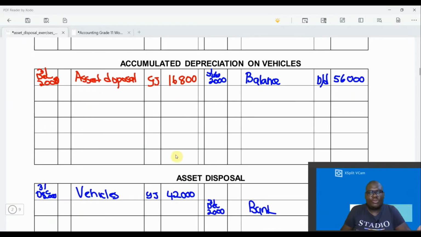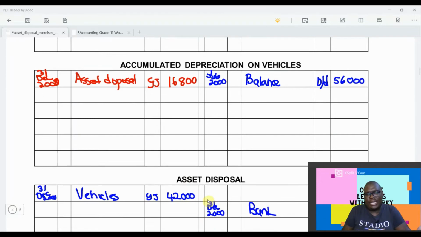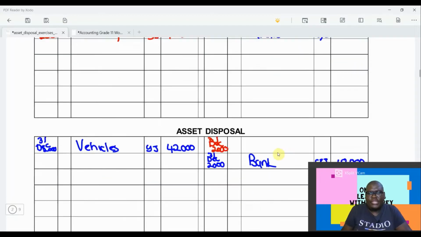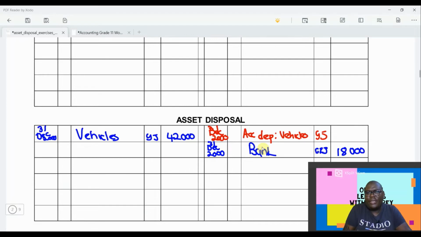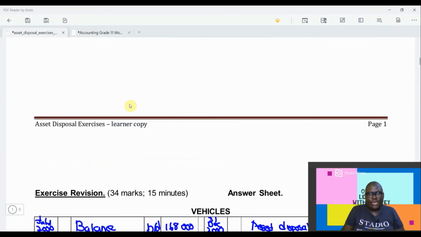Then you go to the asset disposal account. You see, the accumulated depreciation account has been debited, so it means the asset disposal account must be credited. So we're going to come here and say 31 December 2000, and then we say accumulated depreciation. But remember, this is on vehicles. You must show that it's accumulated depreciation on vehicles by 16,800.